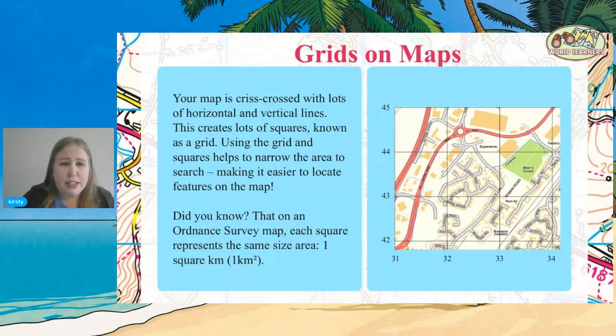Using the grid and squares helps us to narrow down the area to search for somewhere, making it easier to locate features on a map. And in an Ordnance Survey map, like the one I've got here, each square represents the same size area of 1 square kilometre. So each one square is a square kilometre across and down.